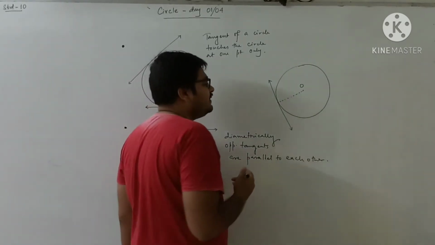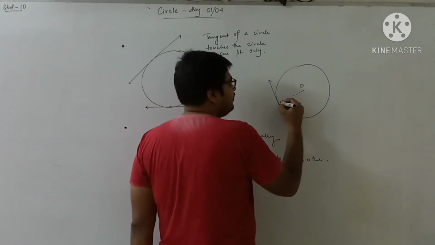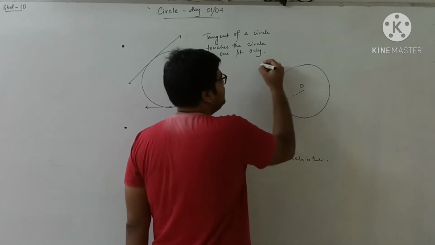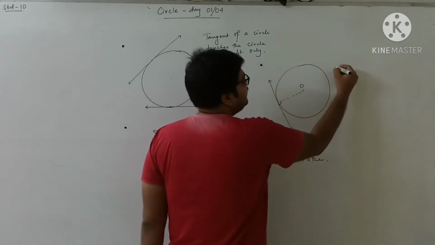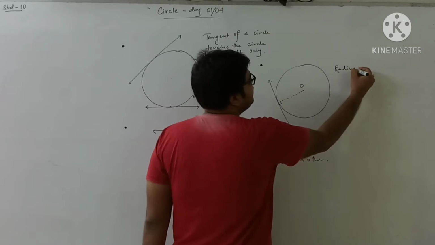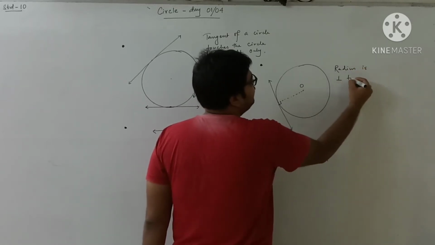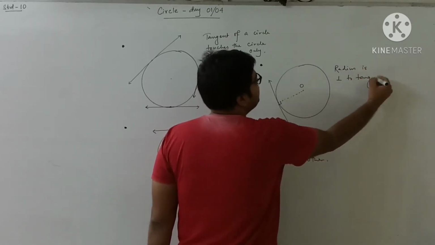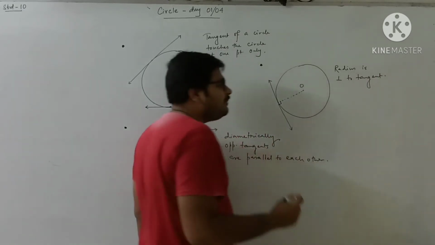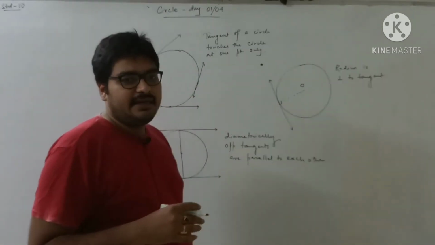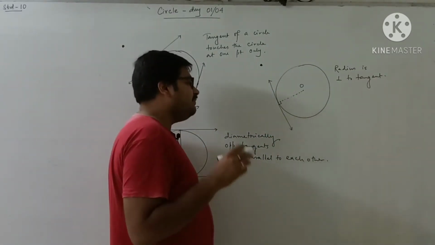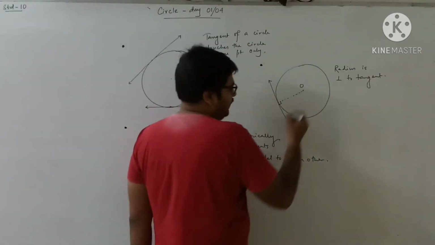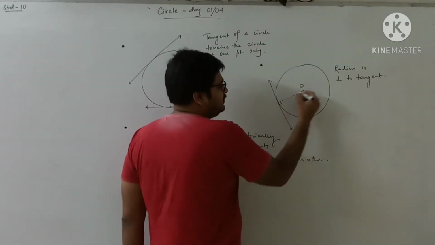And remember this one: the radius is always perpendicular to the tangent. So this is one of the properties of a tangent: radius is perpendicular to tangent. But you have to remember how you get that radius. The radius can be drawn by joining the touch point to the center.